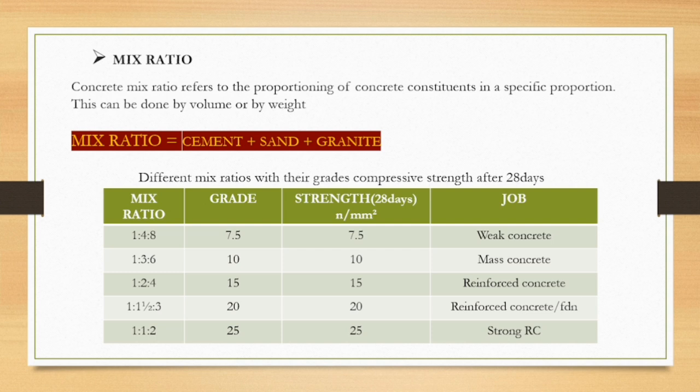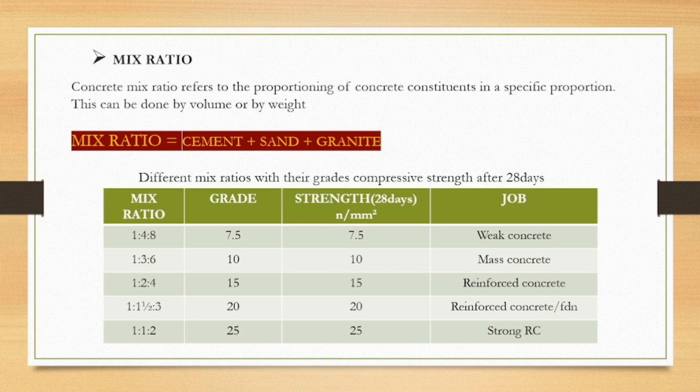Everything we do on site has quantification, like the screeding we do, the plastering, the cement, and the sharp sand we use. They have the quantity we need to use. They have a measurement. In concrete as well, it has a measure. We don't just pour any amount of cement we have, or any amount of sand, or any amount of granite for the job. No, there is a particular mix ratio which you need to adhere to in order to get a specific strength that you want.